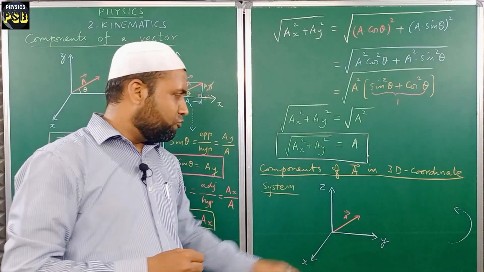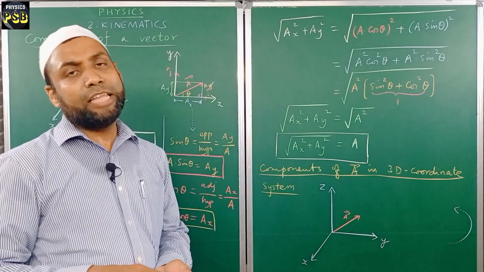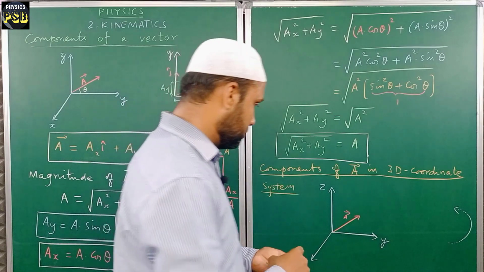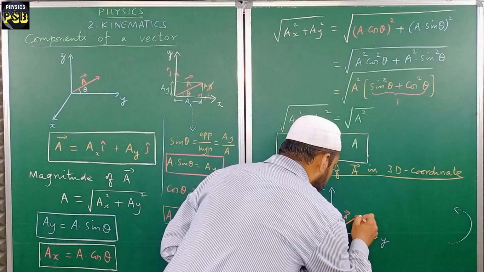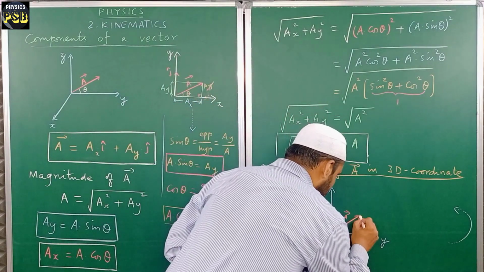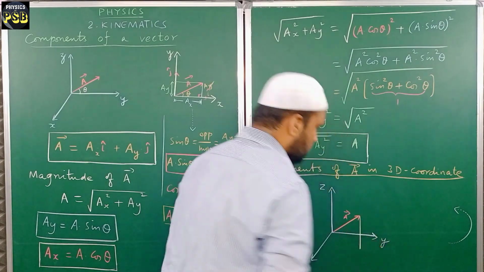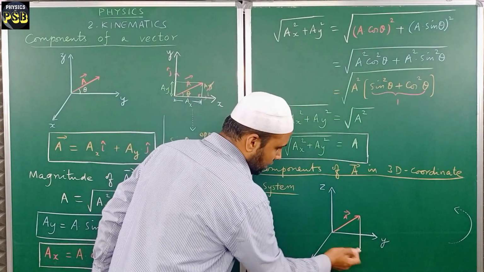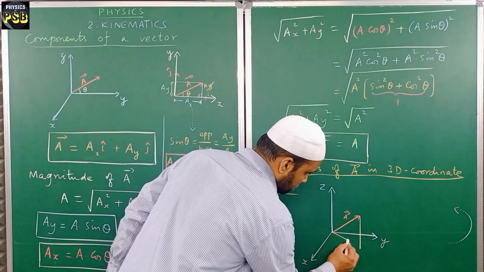See carefully what I do. I drop a line from the head of the A vector, which intersects the y-axis. Then the end of this one is connected to the origin.